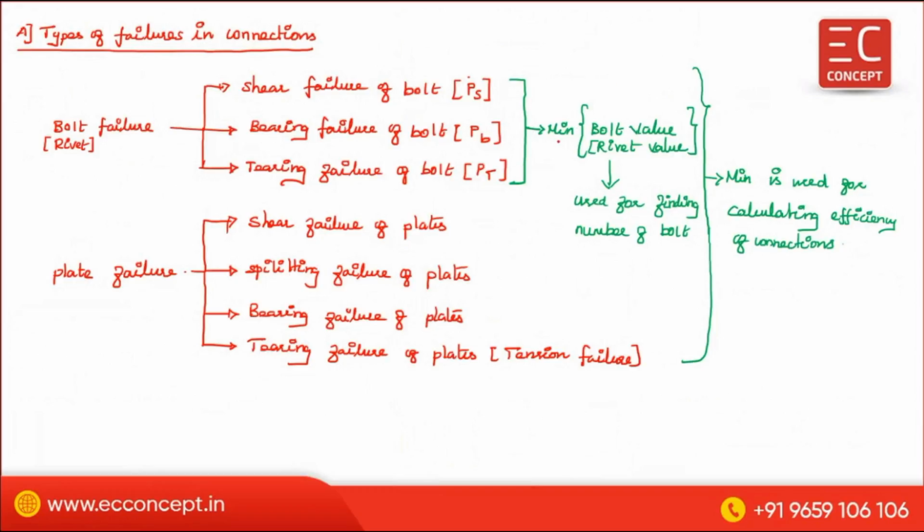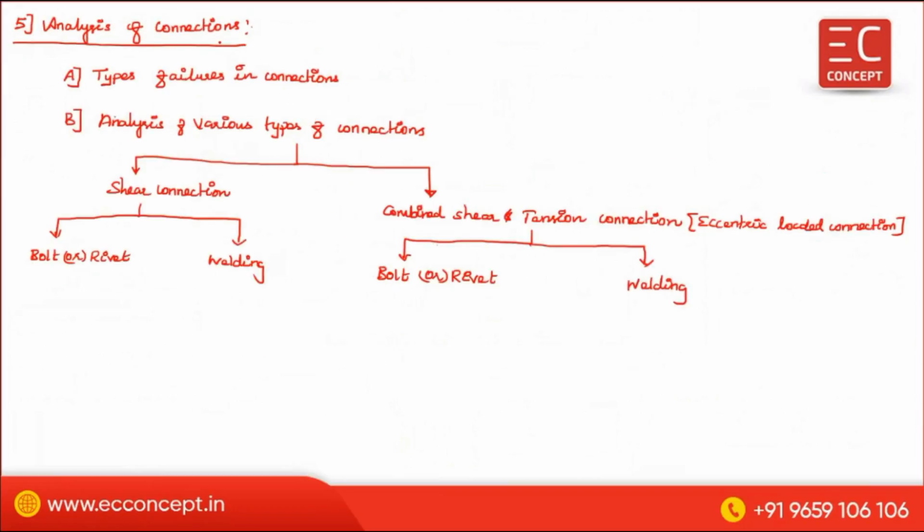So this is all about the types of failure in connection. That is part A. Now, analysis of various types of connection. First we are going to see the shear connection. Shear connection, I will do first bolt or rivet, in a general manner, and next is welding. These two I will teach first under shear connection.